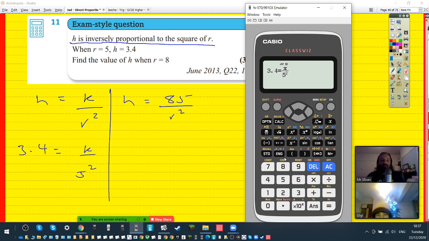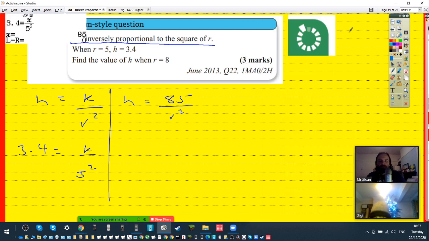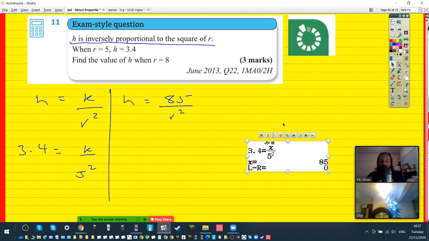So what do you get for that one? Find the value of h when r is 8. 1.328125. Oh, it's a weird one. I think it's going to be 85 over 64.